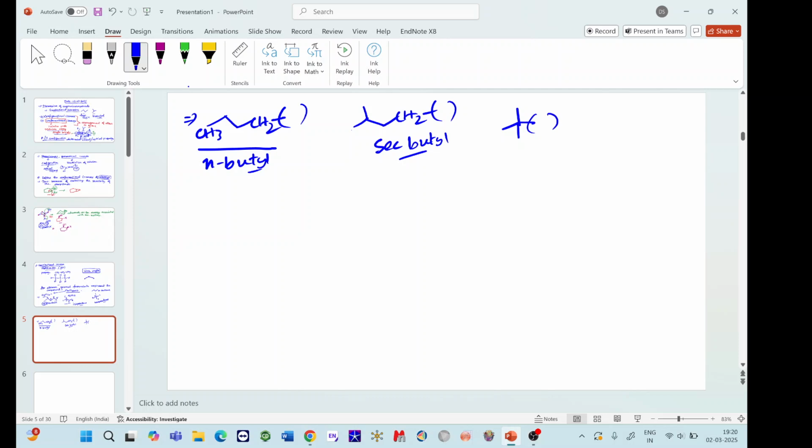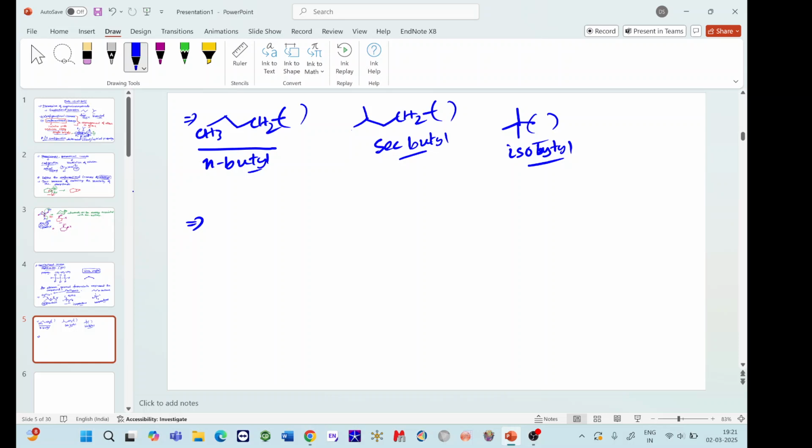So if you have this one, this is called isobutyl. Like that. So these are all positional or constitutional isomers. Then you can go to the next part.